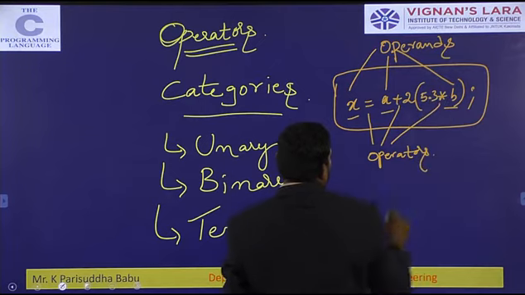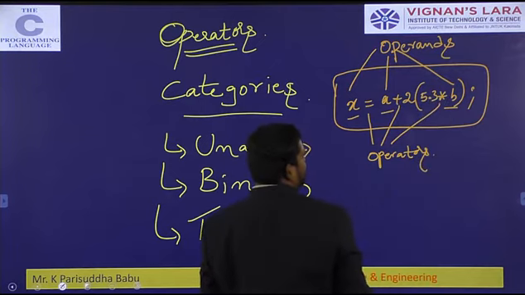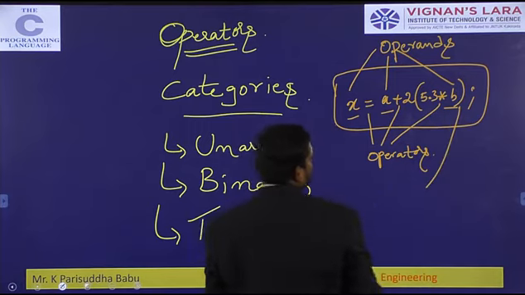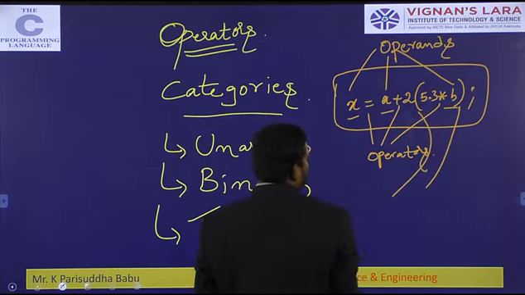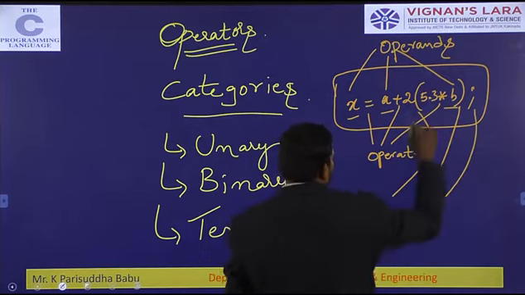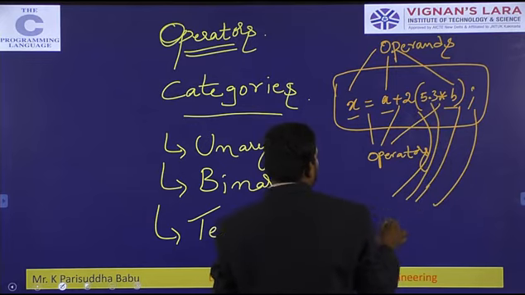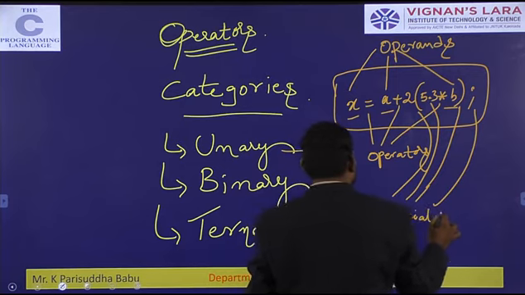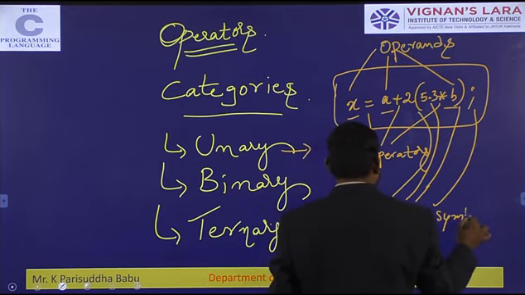Dot is a special symbol. Open flower bracket is a special symbol. Closed flower bracket is a special symbol. Semicolon is a special symbol. Dot is a special symbol.